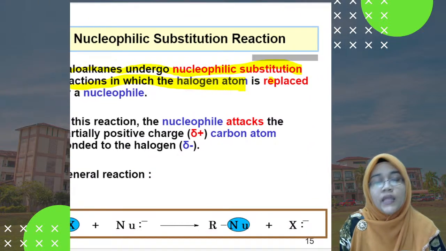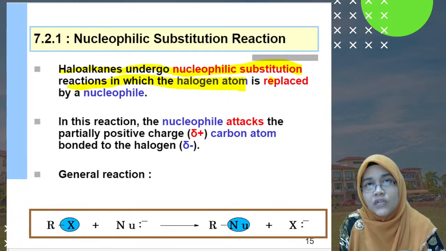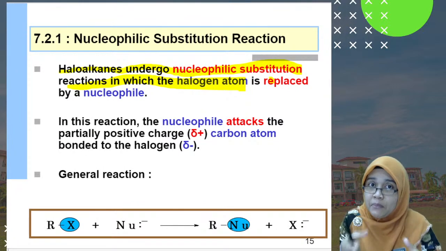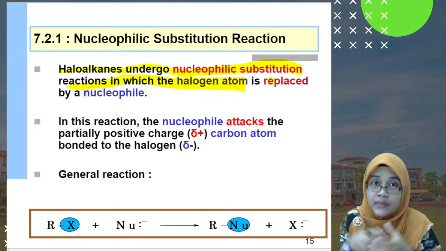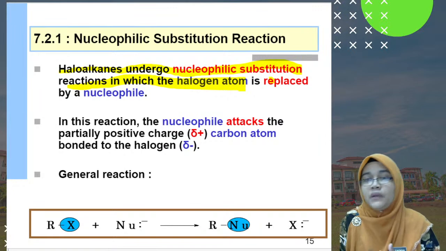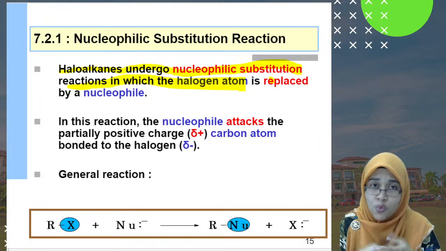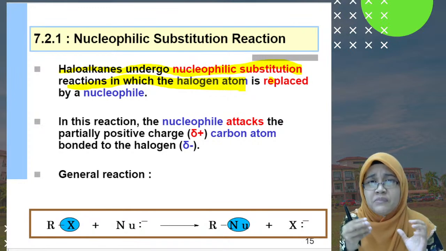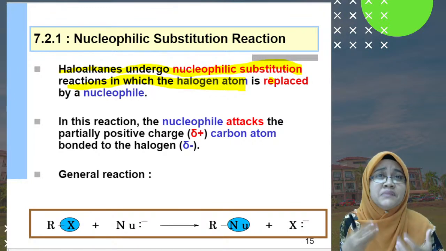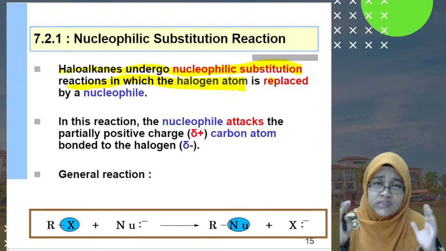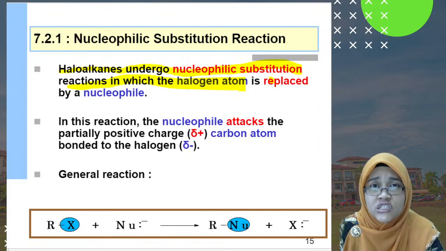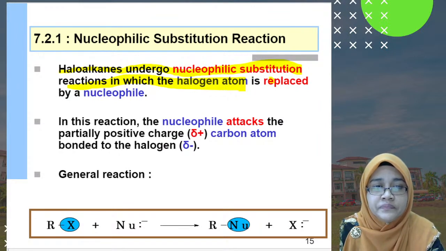Alright. In this reaction, the nucleophile attacks the partially positive carbon bearing the halogen, or we call it carbon alpha. Why is this carbon being attacked? Because this carbon is susceptible to being attacked, as it is a special carbon, deficient in electrons.